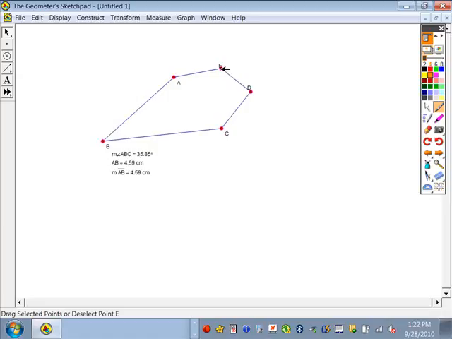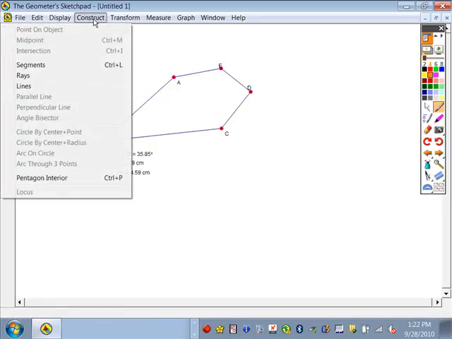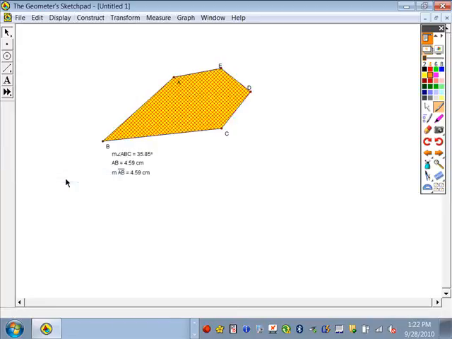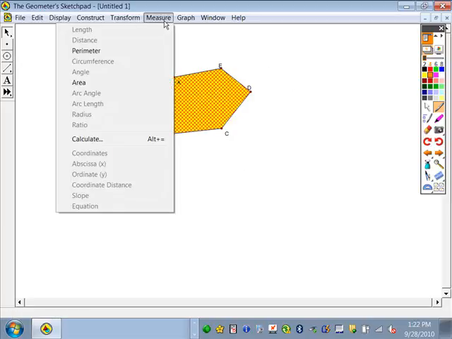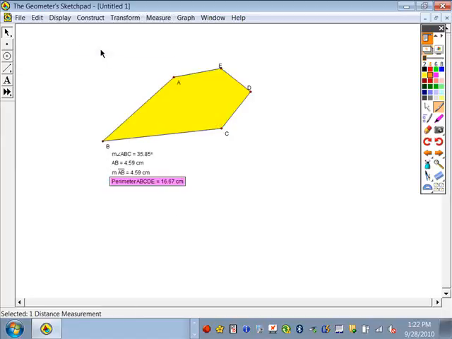You remember how to do that? If you have the middle filled, can you now find the perimeter? Yeah.